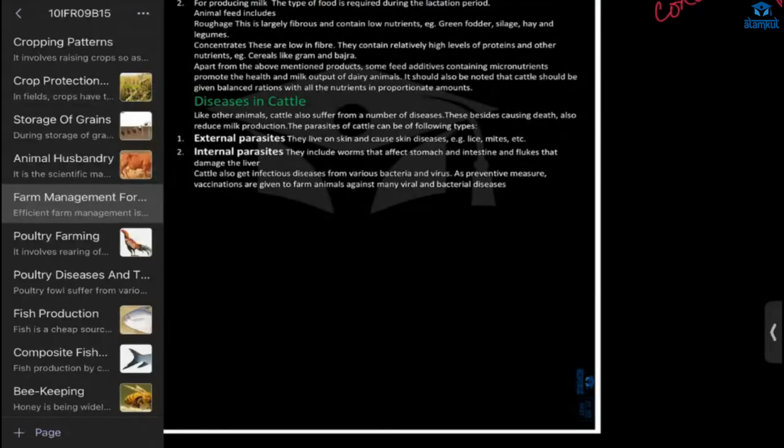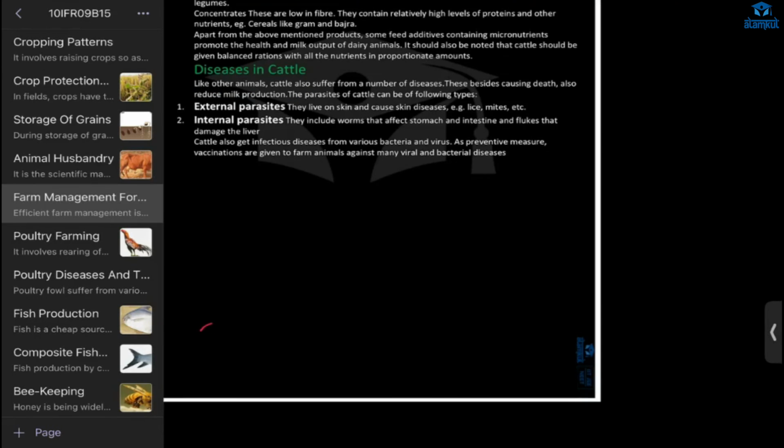Internal parasites will affect the internal organs of the cattle. Okay, it will include worms. It will damage the intestine, stomach, and liver.